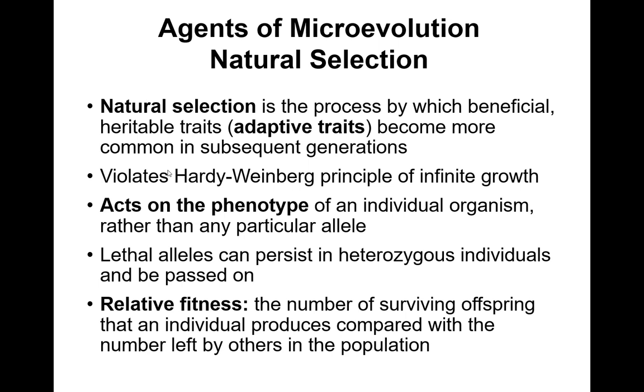The reason being that these traits give an advantage both in terms of survival and replication to the individual that carries them, right? So this obviously is a violation of the Hardy-Weinberg principle, in this case of infinite growth, and this acts on the phenotype, not really directly on the alleles, but on the phenotype.